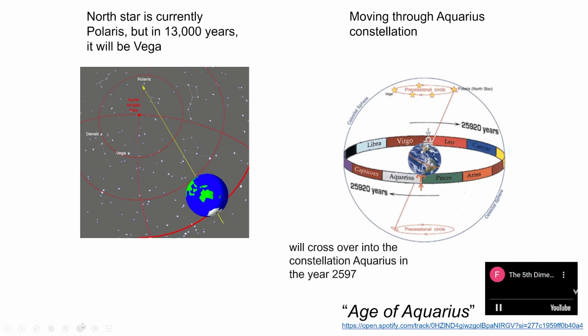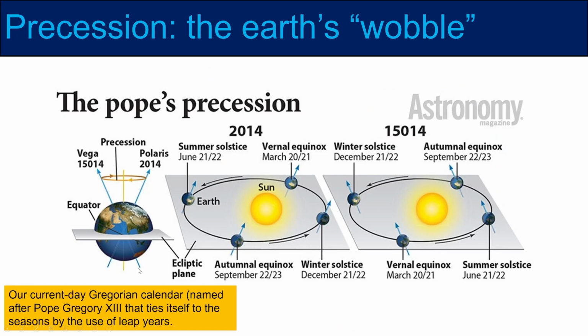All right. But let's get back to what precession means for the Earth. So here, on the very left hand of this infographic, you've got the axis of the Earth pointed towards Polaris in 2014, and then 13,000 years from now, we'll point towards Vega in 15,000 years.